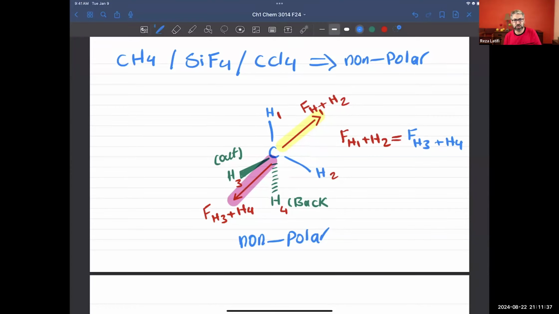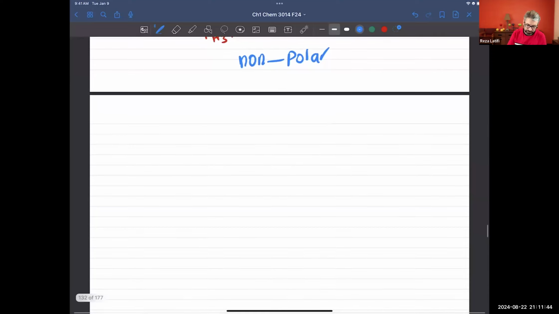Okay, question. What if I change one of the hydrogens? Or if I change 2 of them or 3 of them? Okay, so if we change one of them.